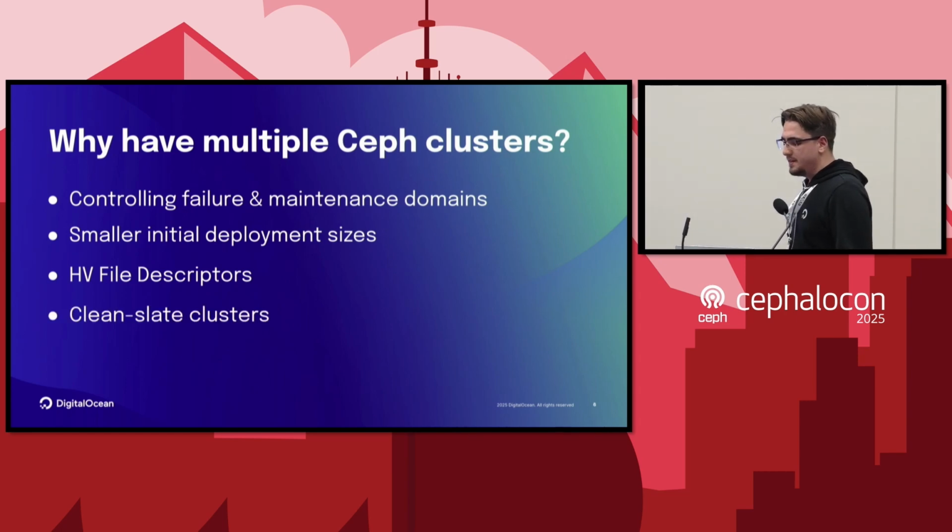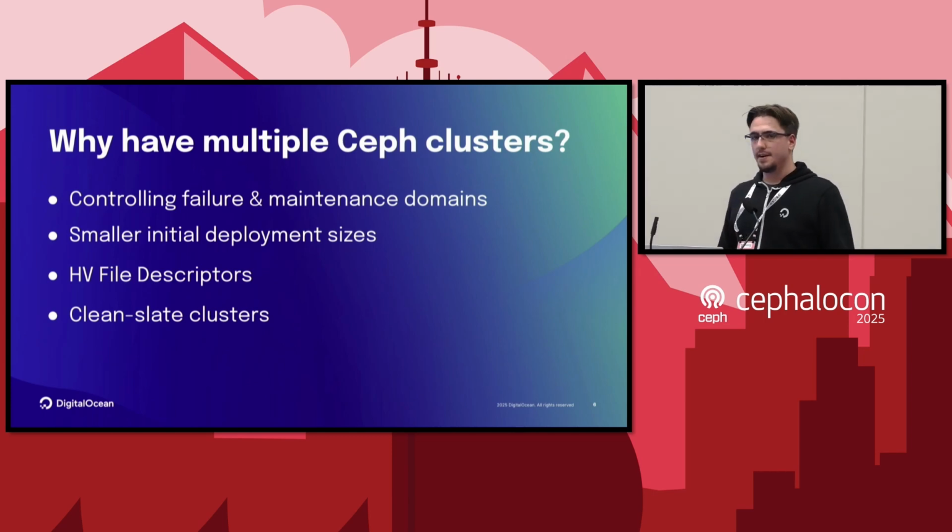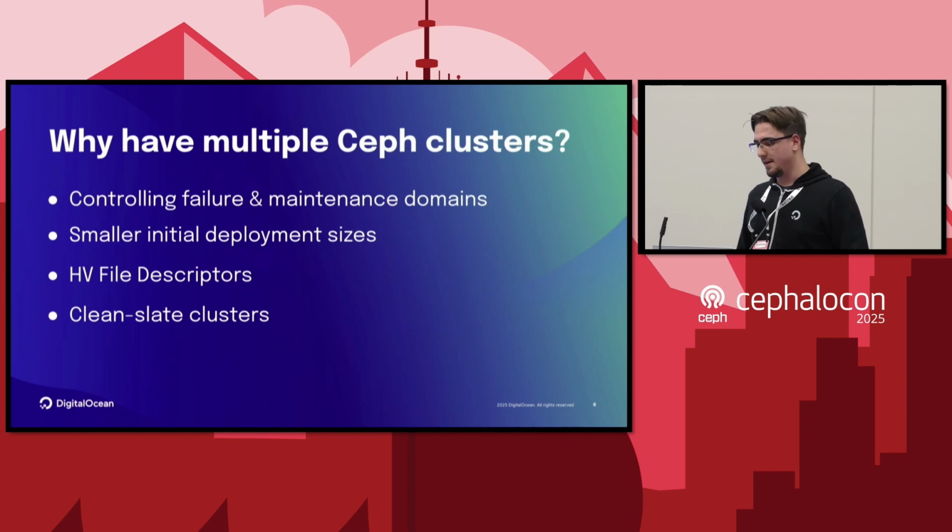Now, the fourth reason is that multiple clusters allow us to start from a clean slate every so often, which is a form of risk mitigation. With one big cluster in a region, you have to maintain that one Ceph cluster for what is very likely the region's entire existence, or even the company's entire existence.